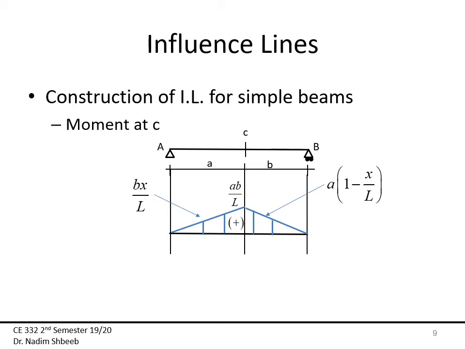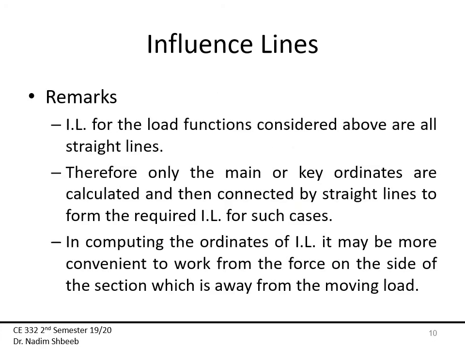This is just telling me I'm having a positive moment. So for the influence line, I'm drawing the positive up and the negative down. And this angle here is going to be 1 radian, and we're going to show you in the next class how we're actually going to use that. Right, so for now this is the influence line for the moment at C.